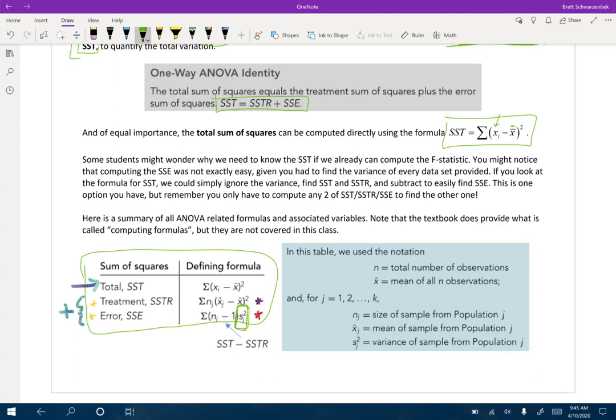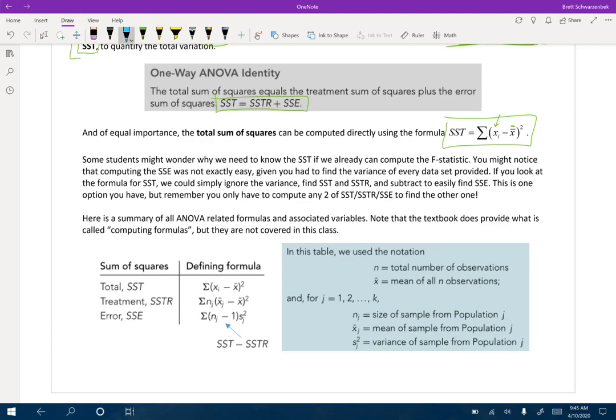So let's say you didn't want to do that. Let's say you wanted to use a much easier formula, where you could use just a table to figure it out. If you think about it, this is just each observation, and this is just the grand mean, so that's easy to do using a table. So what I'm getting at here is, believe it or not, the standard is not the way we did it previously, taking these two things and finding them directly.